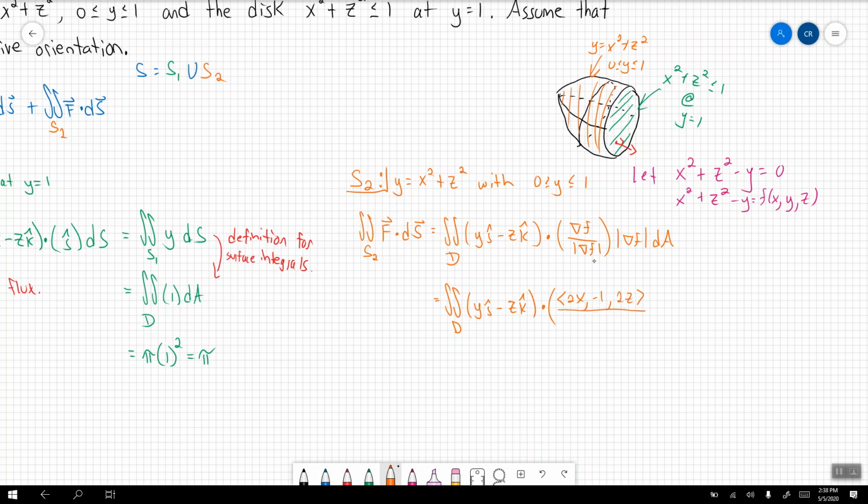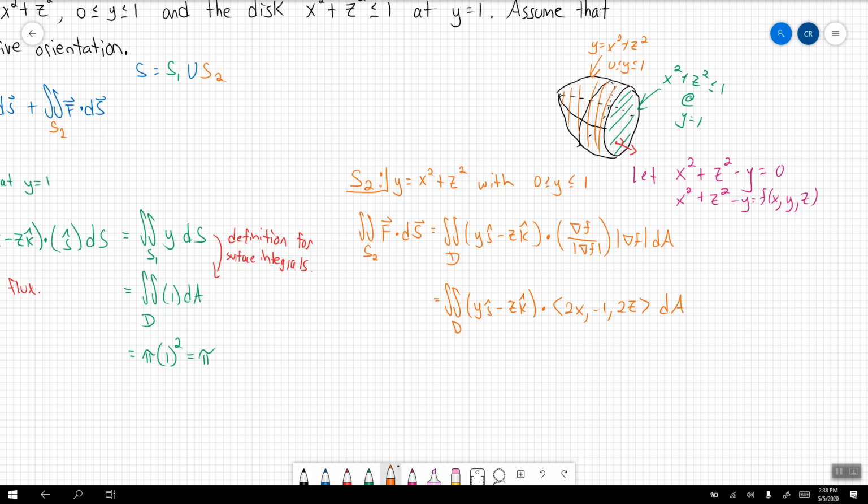Now notice, I don't need to divide by its magnitude because when I divide by its magnitude, it's actually going to cancel out with that magnitude that I needed to have at this point in time. So this is going to be, again, 2x, -1, and then 2z. There we are. And this is with respect to dA.